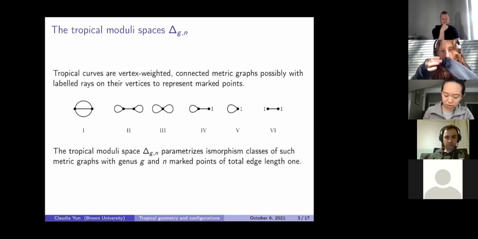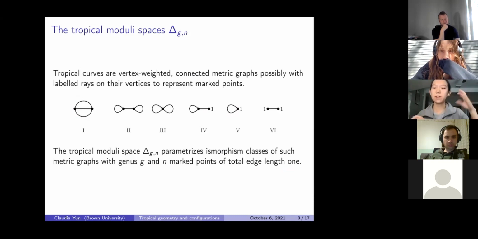And you can also see how, if we are just looking at this first graph here, so imagine we allow the 3 edges to vary in length, and if we require the total edge length is 1, then we can already see that it's parameterized by the interior of a 2 simplex, because we're asking, okay, give me 3 non-negative real values that add up to 1.